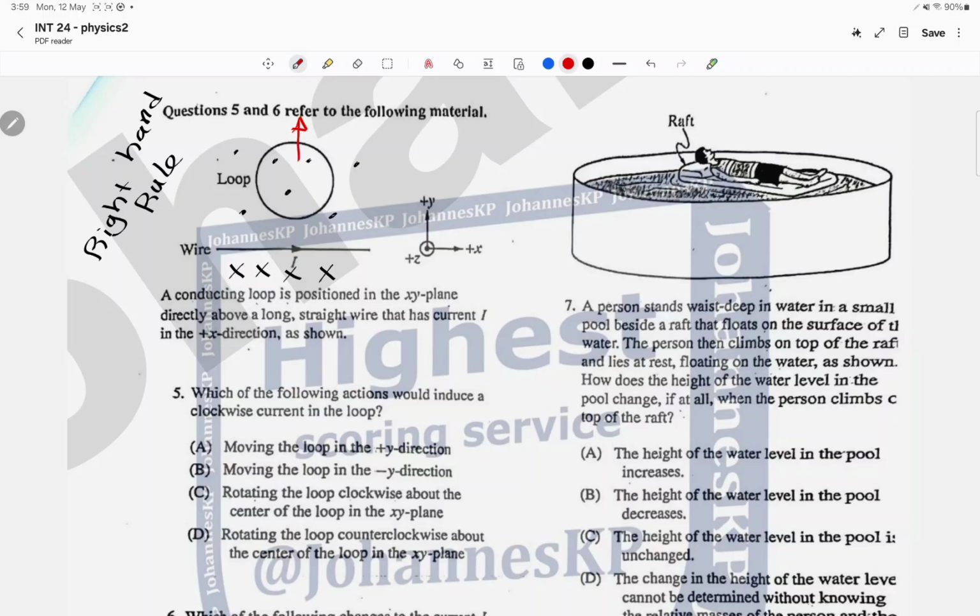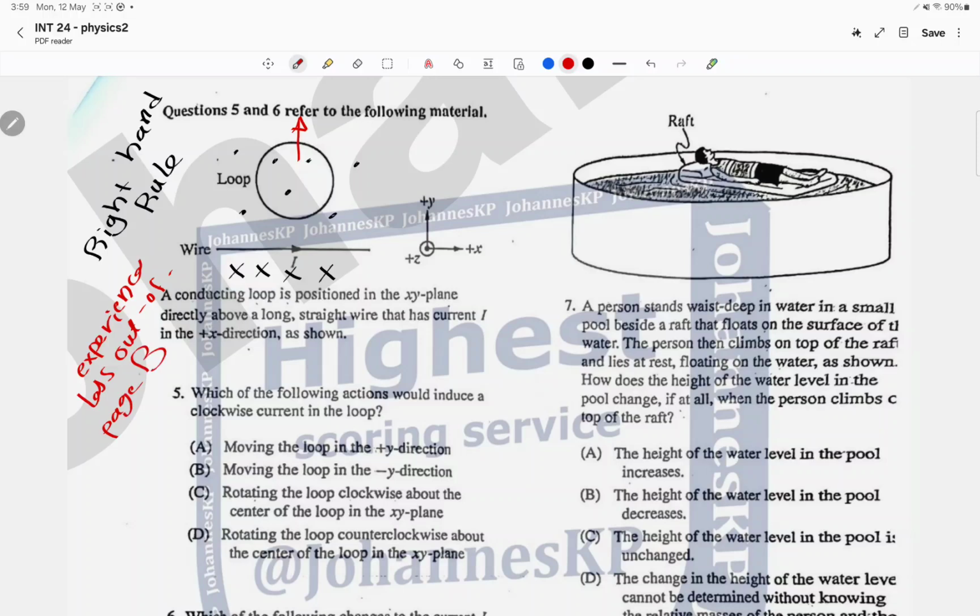And if we move it upward, it's going to be experiencing less magnetic field that's out of the page, right? So it's going to experience less out of the page magnetic field.